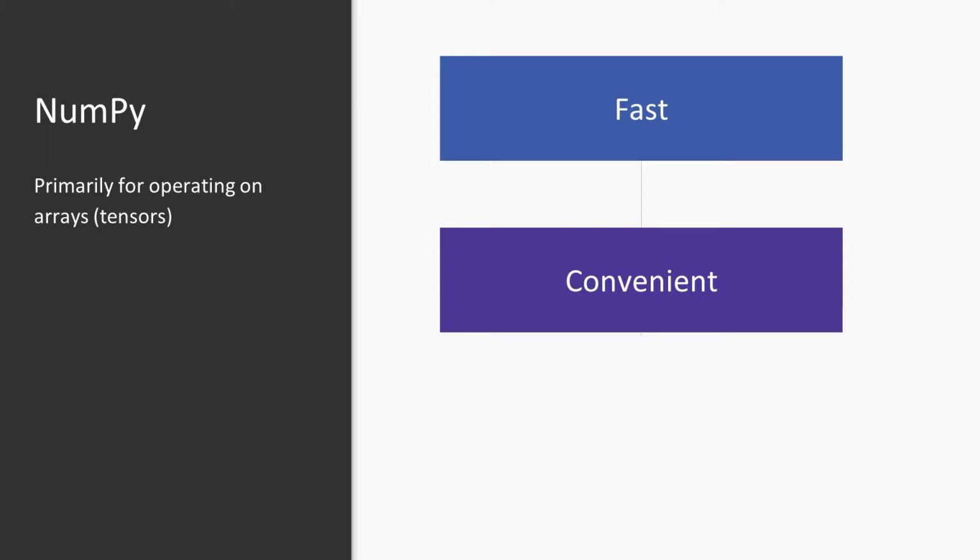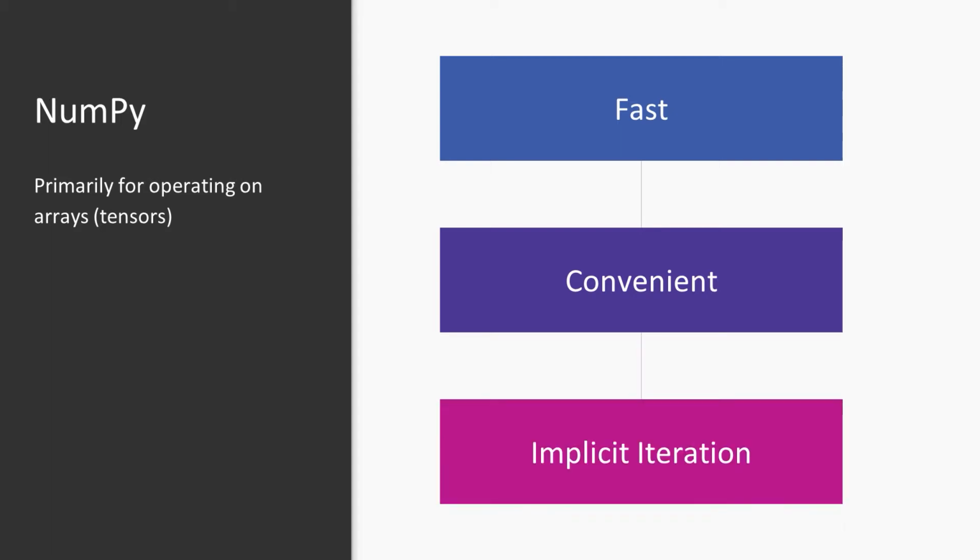It's convenient. Its syntax allows us to efficiently express operations on tensors. And one of the features that contributes to both of these is that Numpy does implicit iteration. If we have two high-dimensional tensors and we wanted to add them together element-wise, one way of doing this is to write a set of nested Python for loops that iterate across all of the possible indices and add together the appropriate elements.